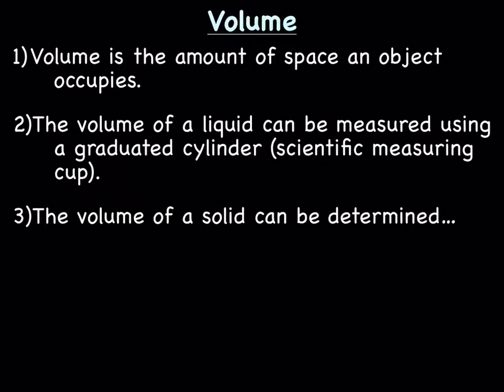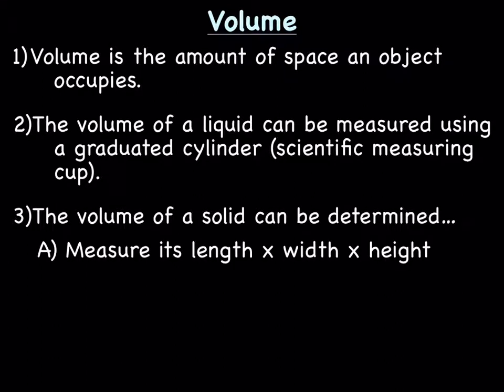And then we have the volume of a solid. So the volume of a solid can be determined in two different ways. First of all, you can measure its length, width, and height, multiply them together, right? So you get length times width times height, and that will give you the volume of a solid, and that would be for a regularly shaped solid like a square or something.